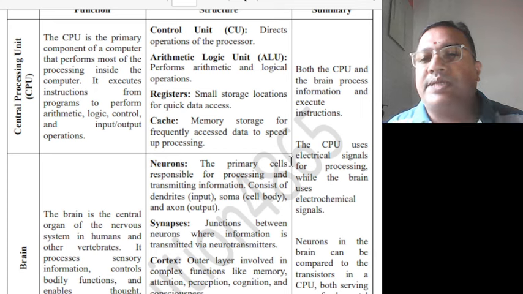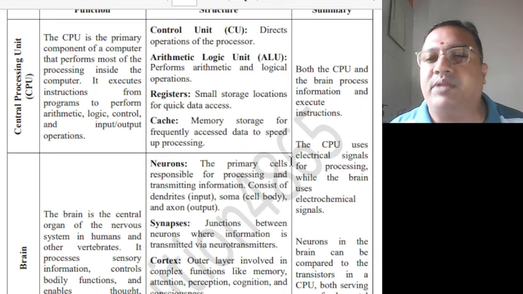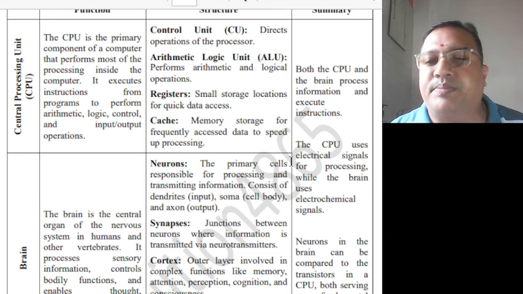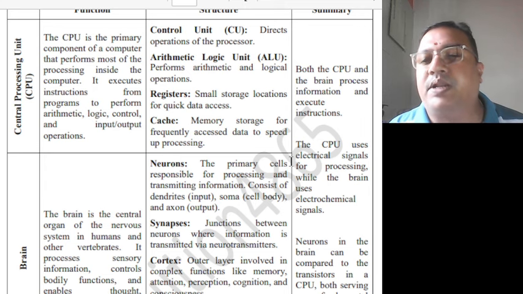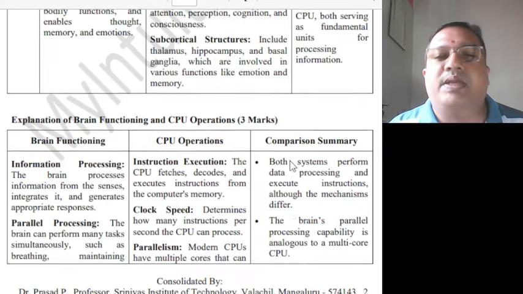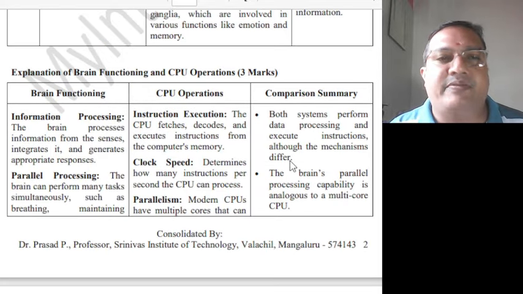The CPU uses electrical signals for processing, while the brain uses electrochemical signals through the so-called neurotransmitters. Neurons in the brain can be compared to transistors in the CPU, both serving as the fundamental units for processing information. Now, an explanation of brain function and CPU operations.